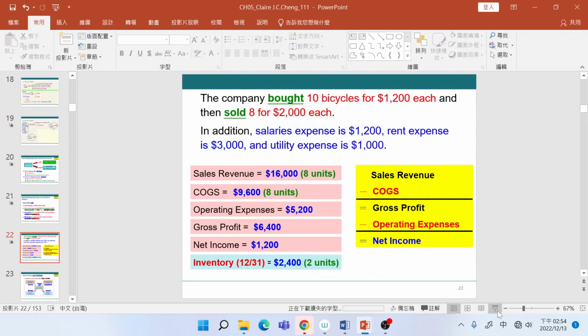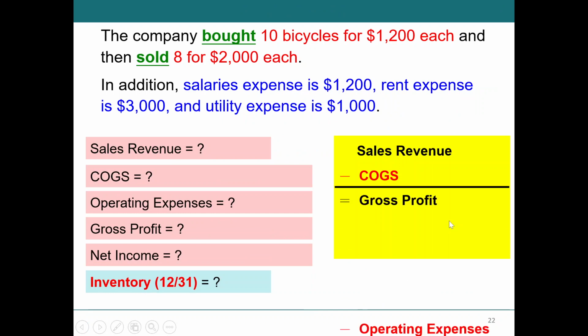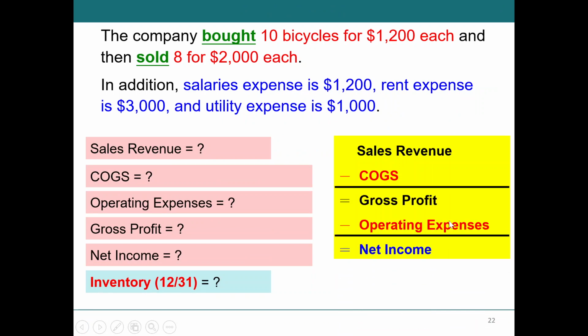Okay, here. Sales revenue minus first expense, cost of goods sold, we got gross profit, minus second expense, operating expense, you got net income. For delivery expense, freight out belongs to the second major expense, operating expense.